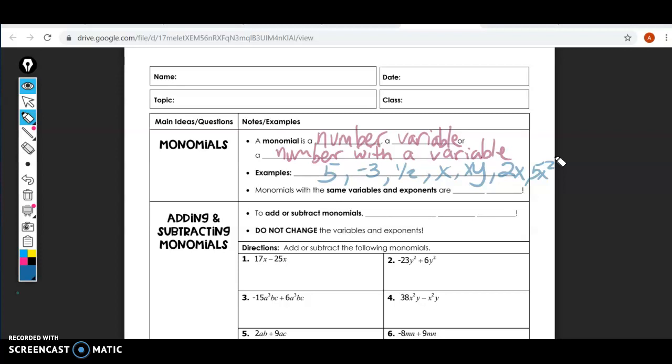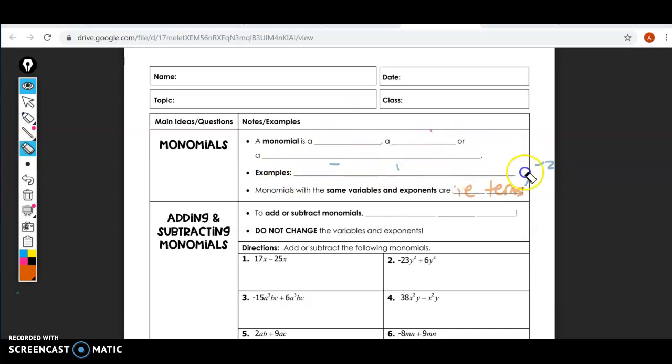It is a monomial. And monomials that have the same variables and exponents, they're called like terms. And we know how to combine like terms. We've practiced that a little bit in class.